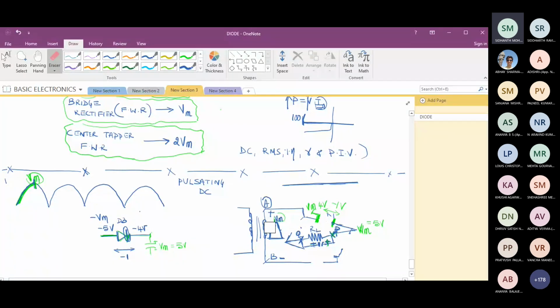Once the voltage hits the peak across the secondary, positive half cycle, all the diodes are off. Any doubts in this? All the diodes are off. All agree? Yes, sir.